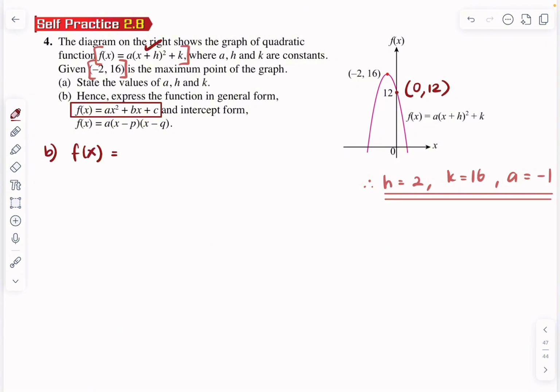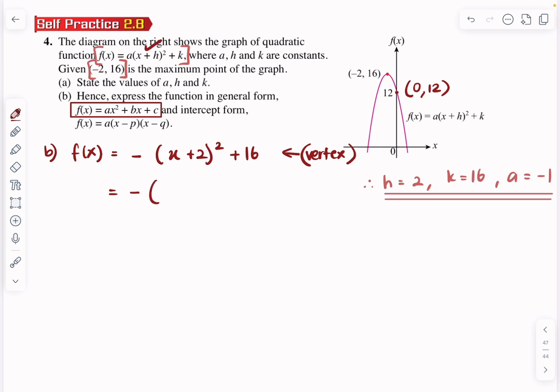A is negative 1, so negative 1, (x + h), h is 2, k is 16. So negative 1, we no need to write the 1, just write negative. So this was our vertex form. Now we need to write it in general form. So to find general form, you just have to expand this equation.